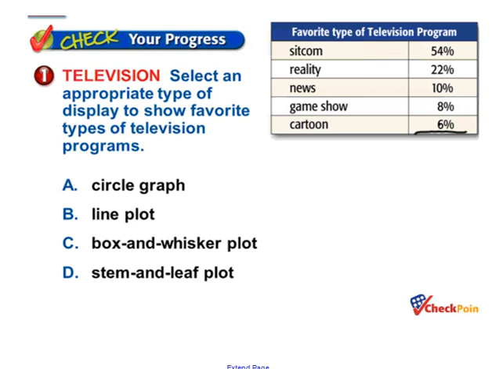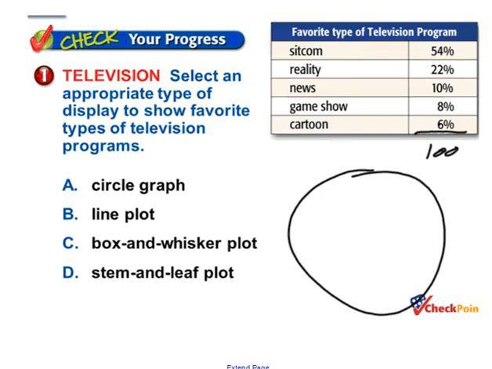Plus 54 would be 68. Plus 22 would be 90. 90 plus 10 would be 100, so it is 100%. Again, I would do a circle graph. I would find the amount of degrees in each section by multiplying by 360 degrees, and then I would draw the graph.